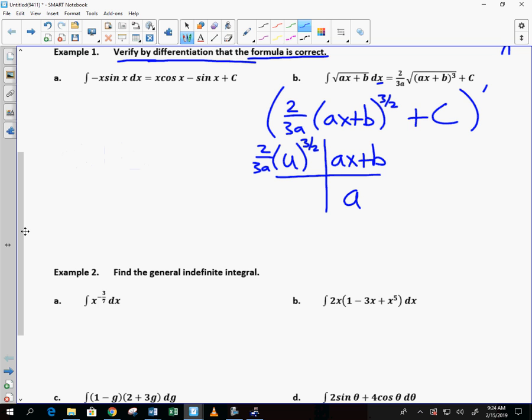Okay, to find this derivative, I've dropped down the 3/2, correct? And when I do, what happens to the 2/3? So I get 1 over a times u to the 1/2.